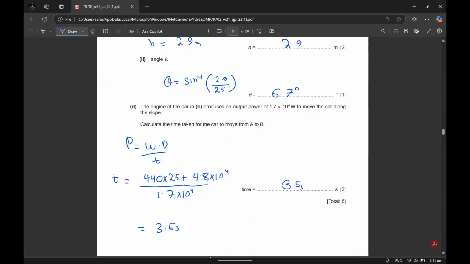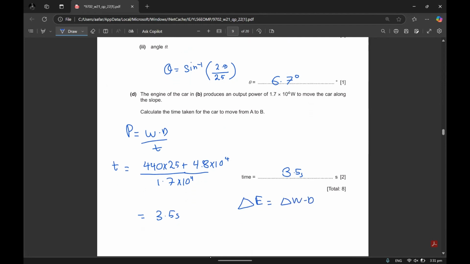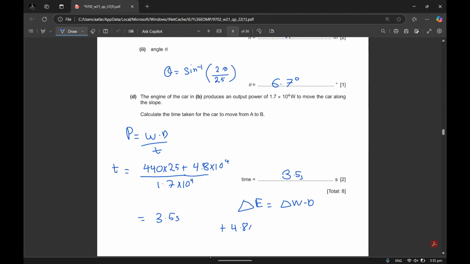We can apply the same concept from mechanics, which is change in energy equals work done. This is, I think, easier. For change in energy, we have a gain in potential energy, which is magnitude 4.8 10 power 4, and we have zero change in kinetic energy.